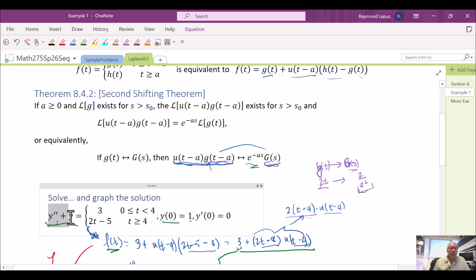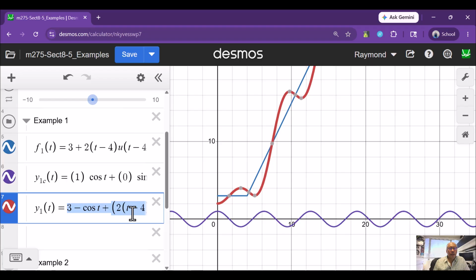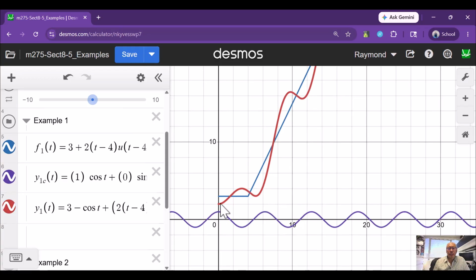I assumed that this thing was set equal to 0, and I used the initial conditions, and then I got this graph in purple. Now the actual graph that we want is this graph. This is 3 minus cosine, and then you have the other part of the function here with a shift, and then it brings us to this. So it kind of follows along that blue line, and it has that wavy thing that it had from the homogeneous equation. So here is your solution.